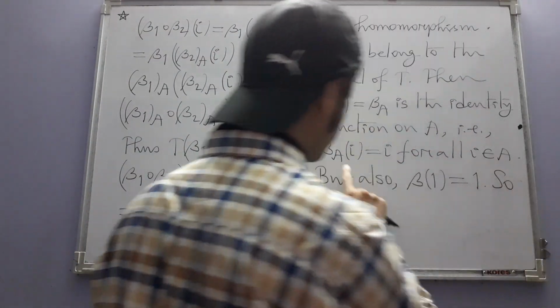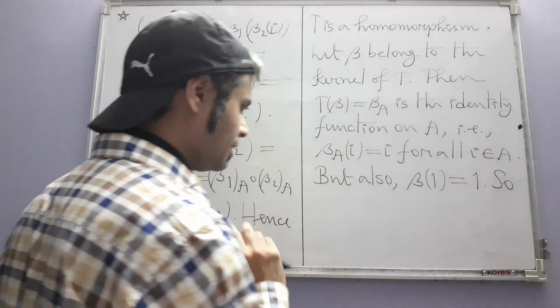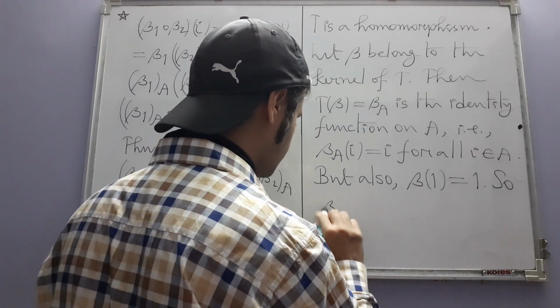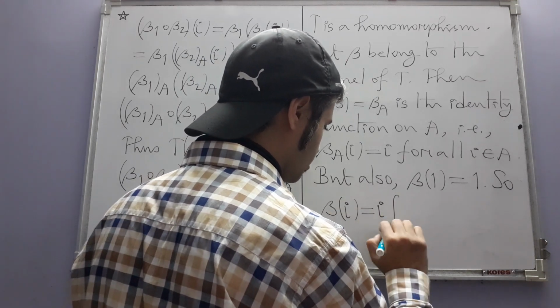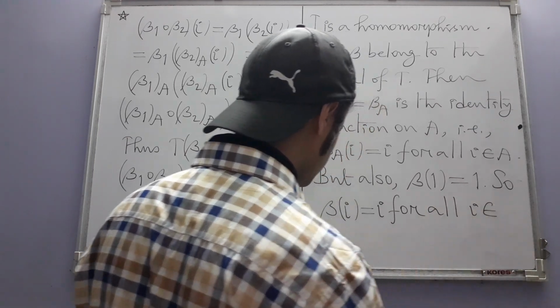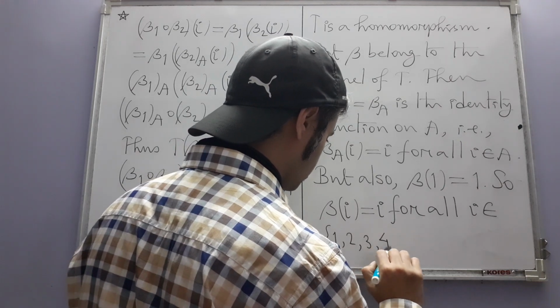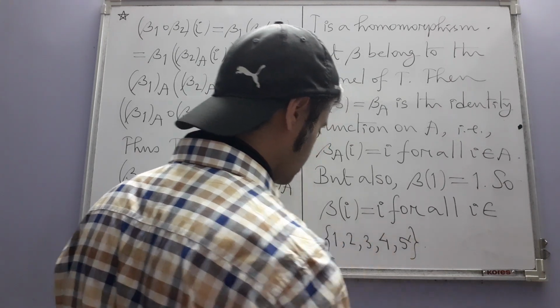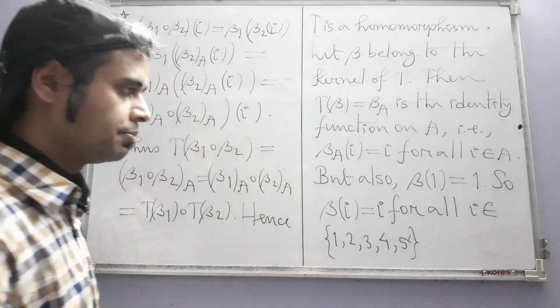So from this part and from this part, combining these two things, we have this: beta of I is equal to I for all I belonging to this, where this part is your capital A and this is 1.